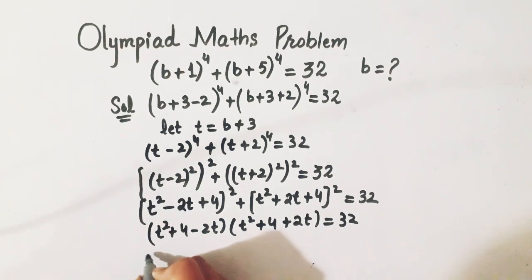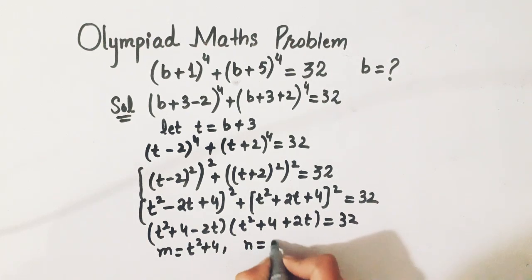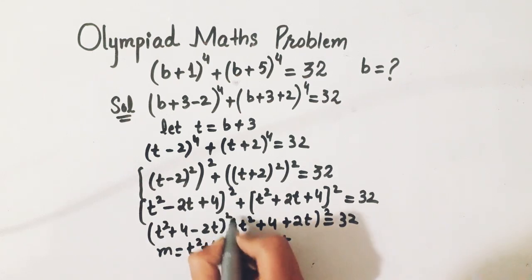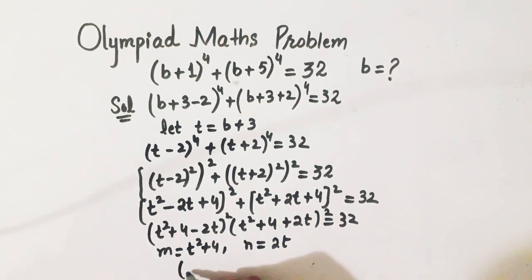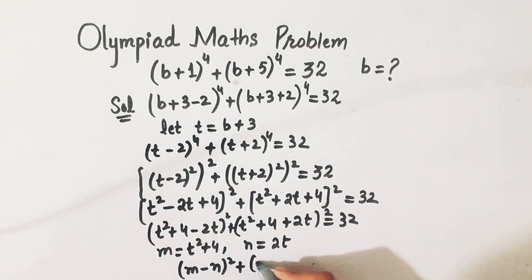Now make another supposition: let m equal t squared plus 4 and n equal 2t. So our equation becomes (m-n)^2 plus (m+n)^2 equals 32.